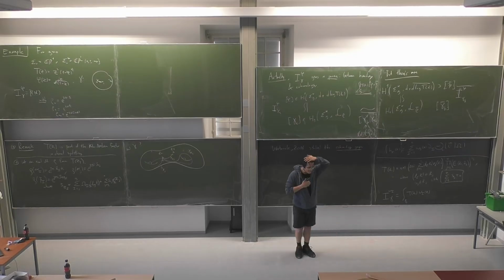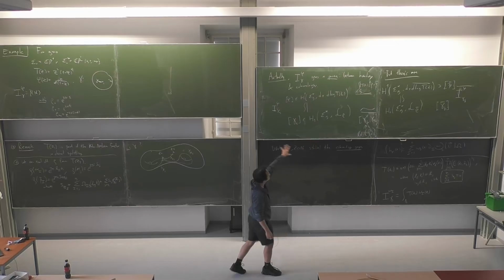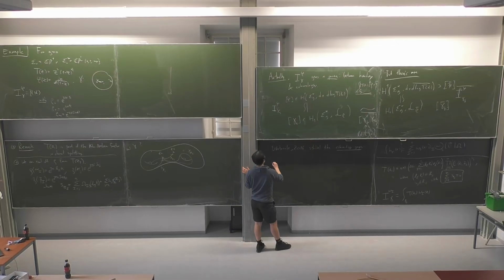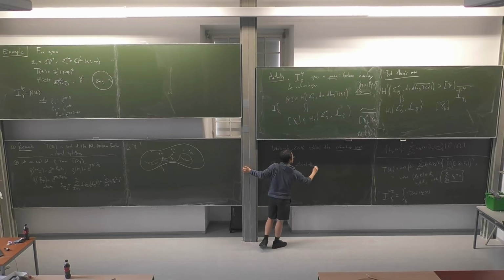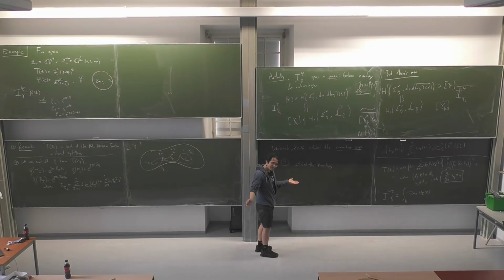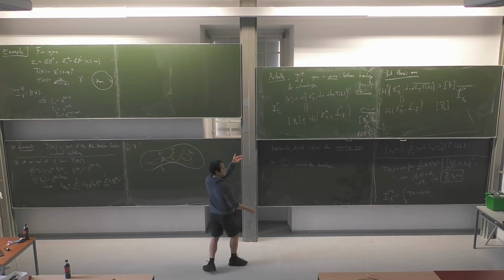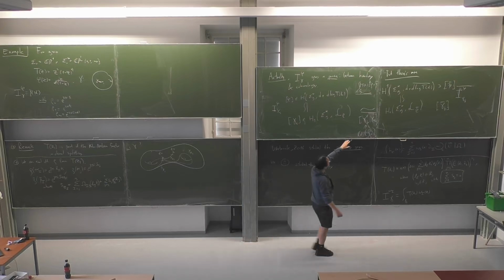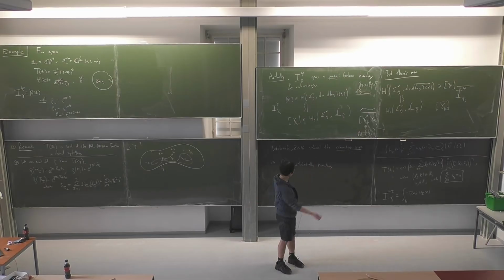What we did, because we wanted to say something about the downstairs piece, we studied the homology groups, meaning how to span them, how to find a basis, and how to compute these homology intersection numbers for genus g Riemann surfaces.